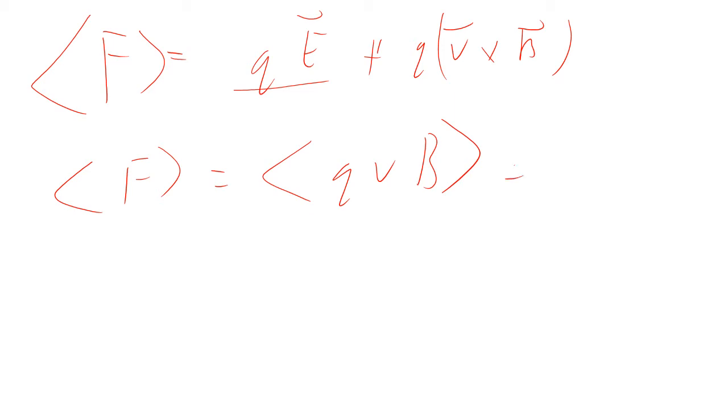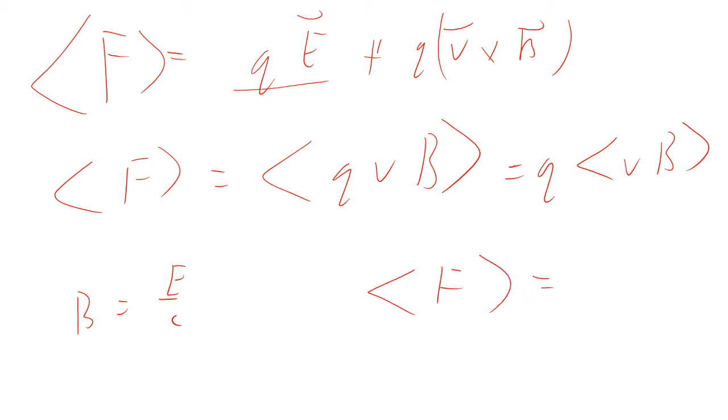Well, the Q comes out, so Q average of VB. Well, we think about that, and we know that B is E over C. So the average force is going to be equal to Q over C average of VE. But the average VE is going to be the RMS VE.